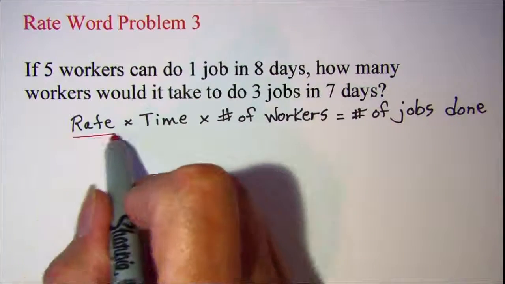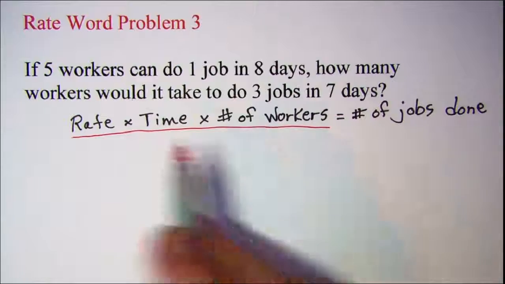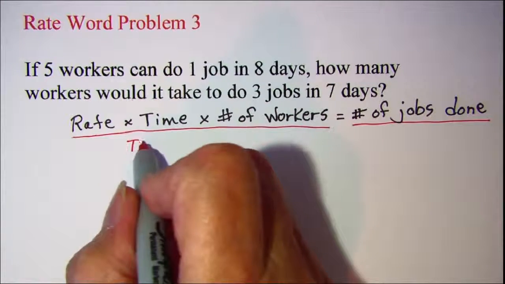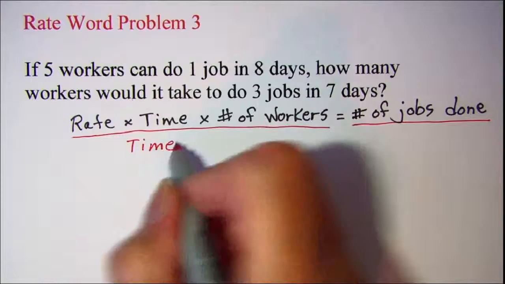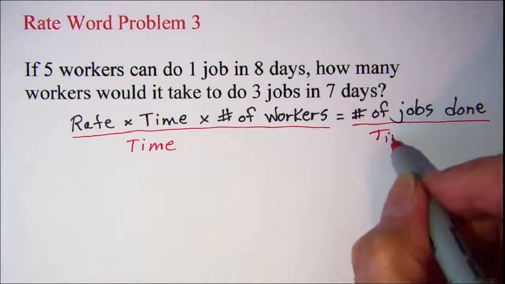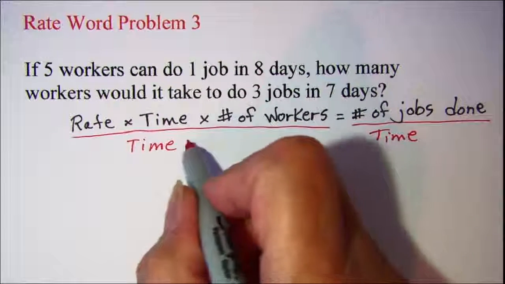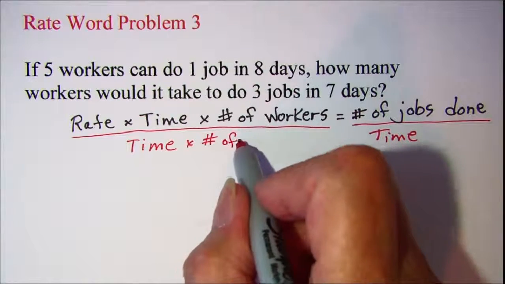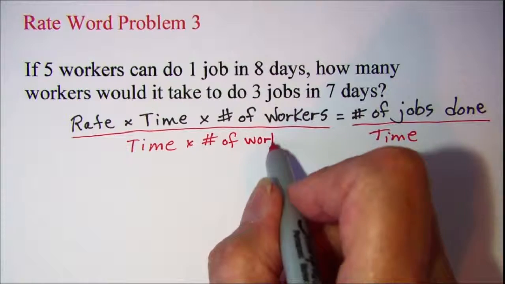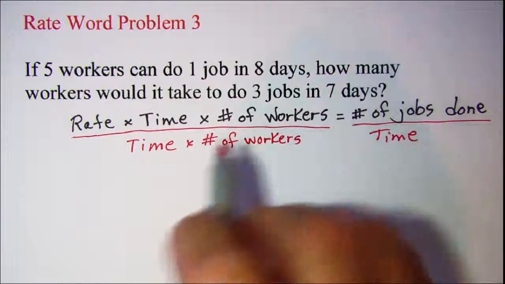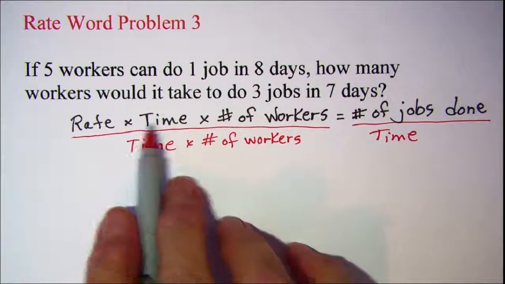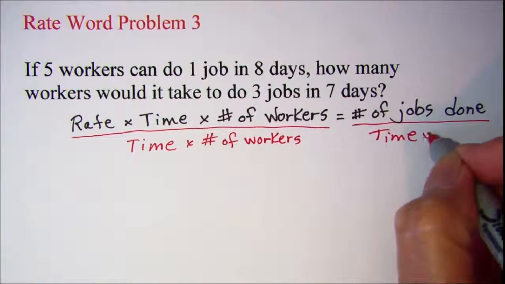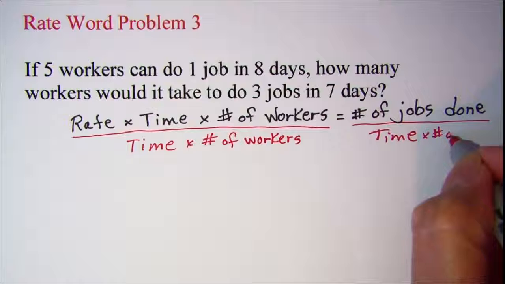In order to get rate by itself, we need to divide both sides of the equation by the time and by the number of workers. Now notice this is multiplication here. All of this is multiplication. So divide here also by the number of workers.